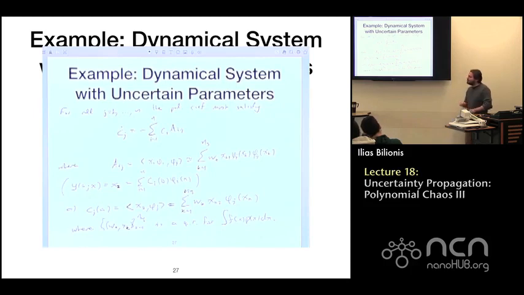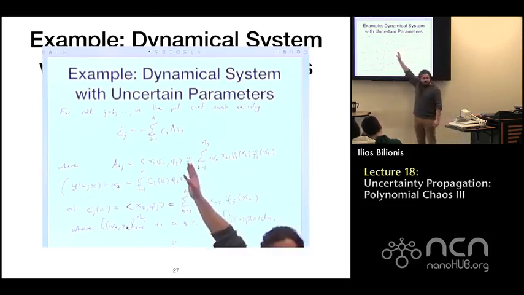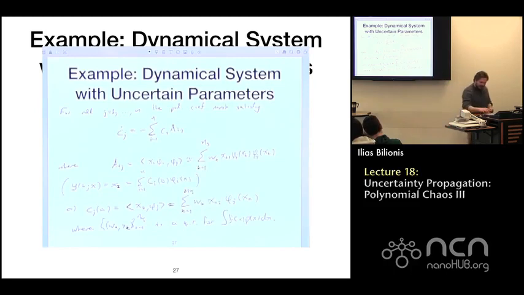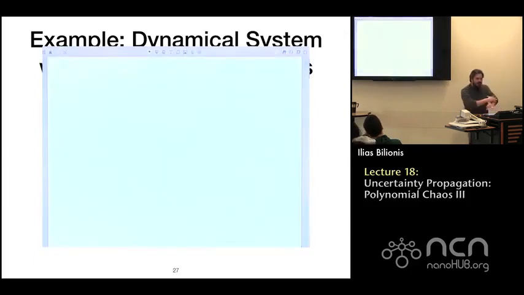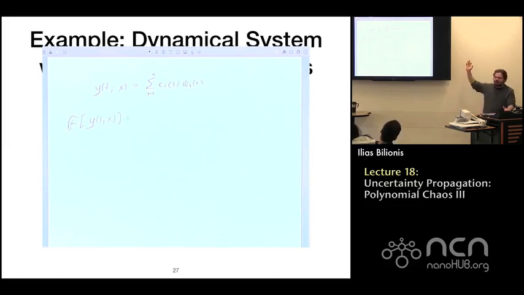Now, why is this important? Well, here's what we have achieved. Once you have this polynomial expansion, derived by solving an n-dimensional dynamical system instead of the one-dimensional one, what is the mean of the dynamical system? You remember? Just the first coefficient.